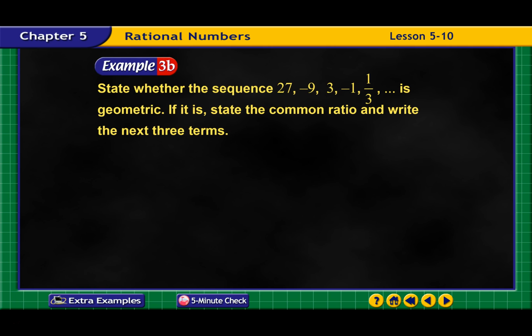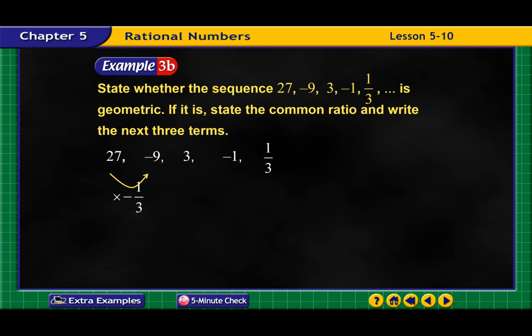All right, state whether this sequence is geometric. If it is, state the common ratio and write the next 3 terms. Oh, I like this one. All right, so between 27 and negative 9 is a negative 1/3, or you could say divided by negative 3, would be another way of writing that.